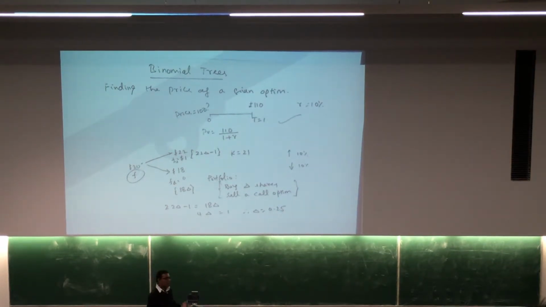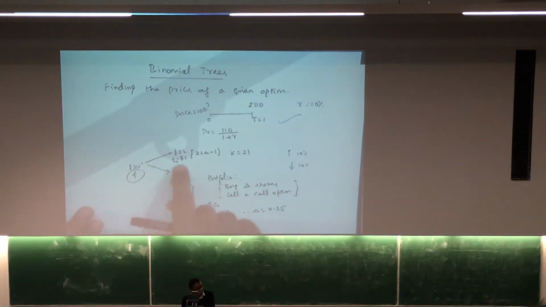So if I hold a quarter of a stock, then what happens? I don't care about the price movements in the stock. Whatever the value, my portfolio value is going to be the same. Do you agree with that? This is a simple statement.